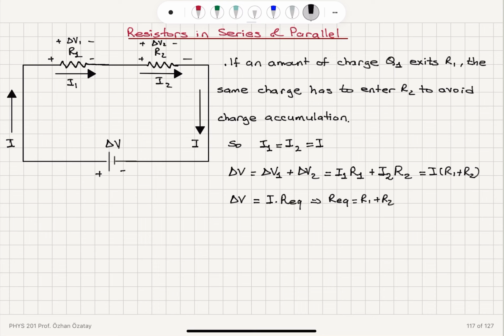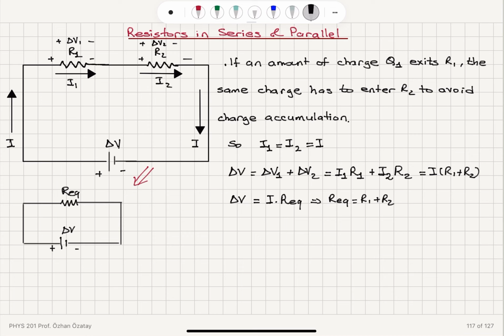So basically what I have done here is I have connected a single resistor with resistance R equivalent, across the terminals of this battery. So this is basically connected to delta V. All right, so this has been replaced with this circuit.